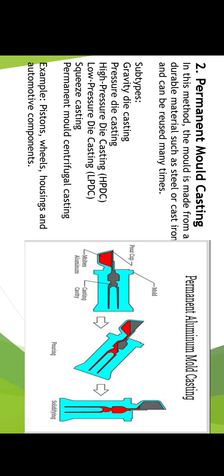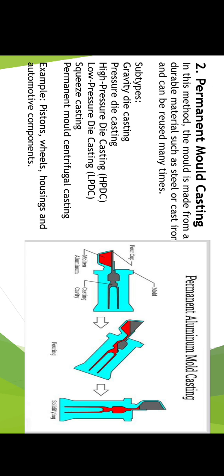The second major category is permanent mold casting. In this method, the mold is made from a durable material such as steel or cast iron. So there is no need for a new mold every time. It can be reused as many times as possible.